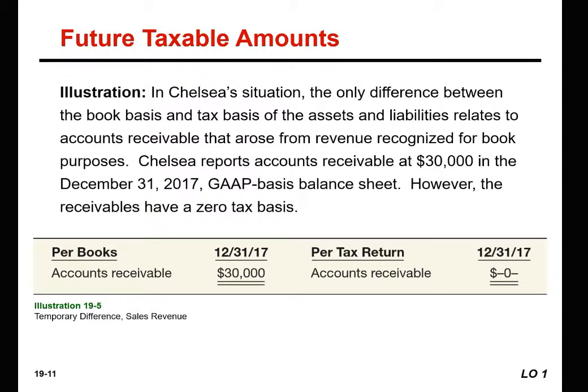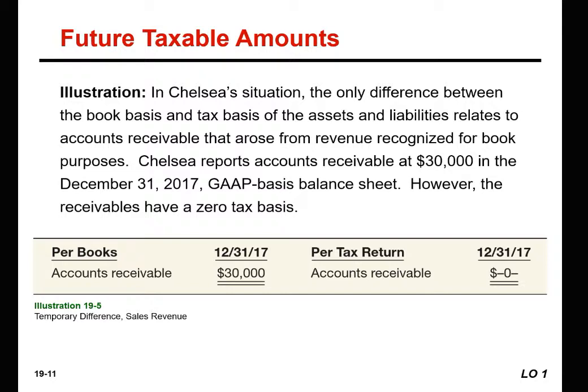In Chelsea's situation, the only difference between the book basis and the tax basis of the assets and the liabilities relates to the accounts receivable that arose from revenue that was recognized for book purposes. Chelsea reports accounts receivable at $30,000 on December 31st, 2017.